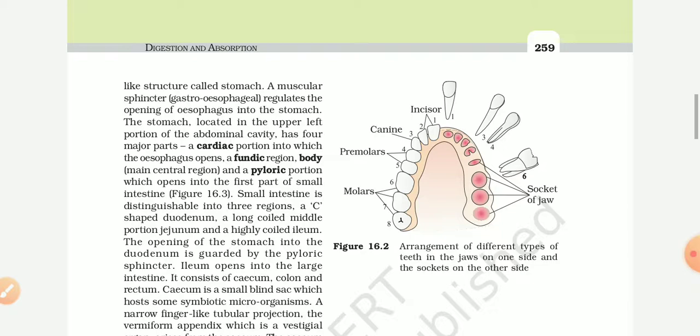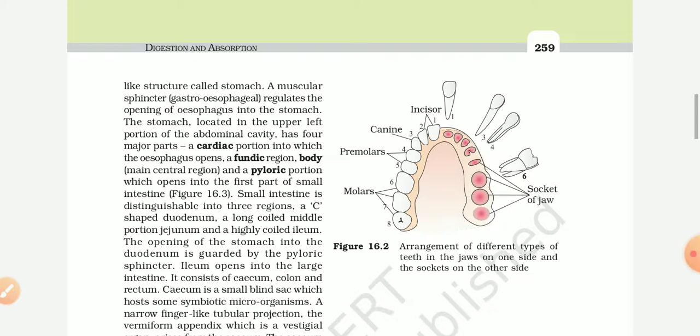The stomach, located in the upper left portion of the abdominal cavity, has four major parts: a cardiac portion into which the esophagus opens, a fundic region, the body, a main central region, and a pyloric portion which opens into the first part of the small intestine.